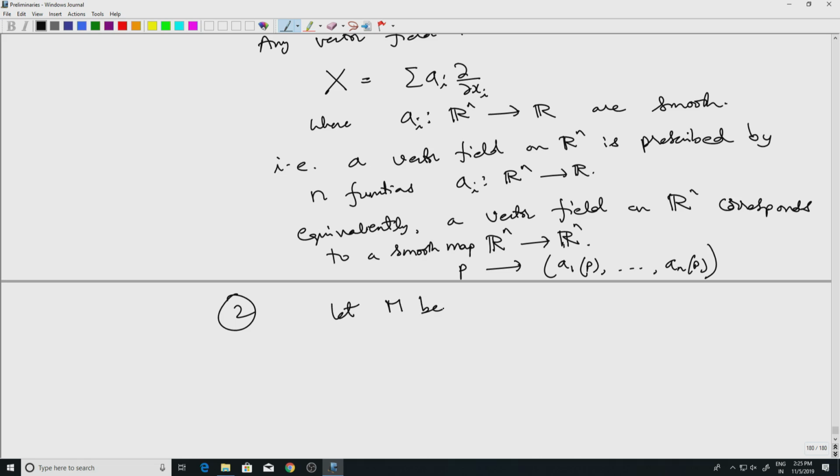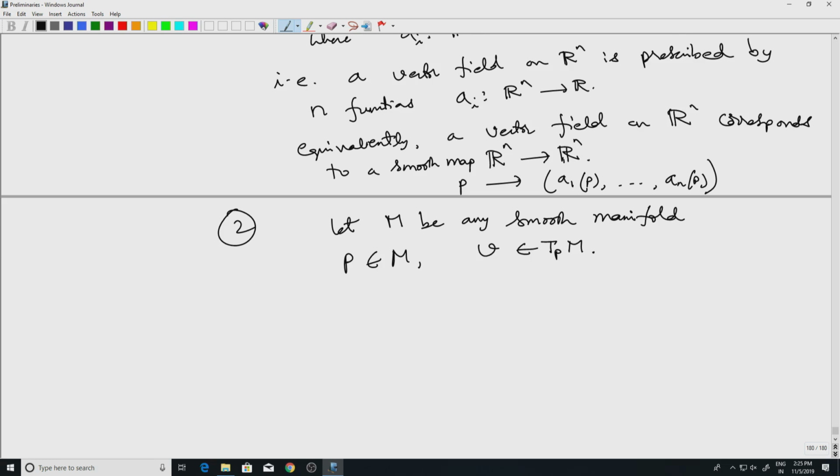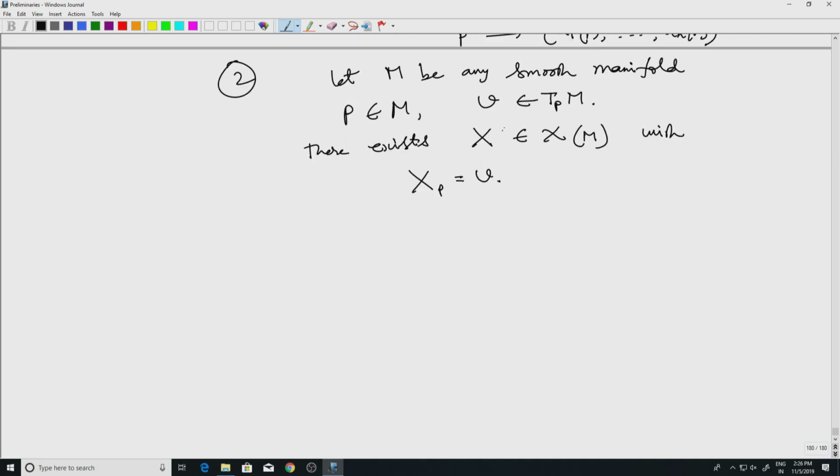Let M be any smooth manifold, P a point in M, V a tangent vector at P. Then I claim that there exists a vector field X on M with X_P equals V. Another way of saying it is any tangent vector can be extended to a vector field on the whole of M, and this is immediately seen by looking at a chart around P.